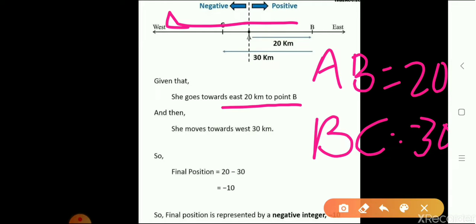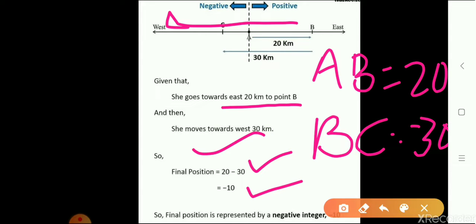Now we have to calculate the distance traveled to her final position. So her final position will be 20 plus minus 30. So it will be 20 minus 30, that is minus 10.